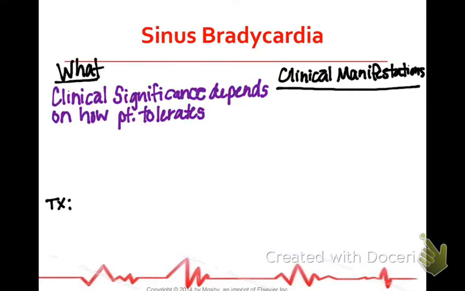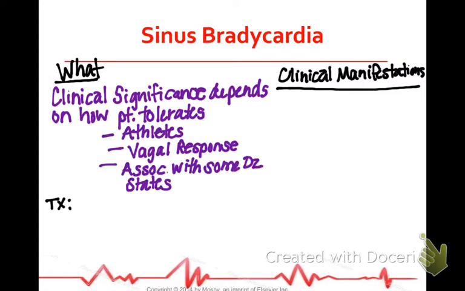And let's talk about the significance of it, because these are things you do need to know. So what exactly is it? It depends on how the patient tolerates it. Are they symptomatic or asymptomatic is how we're going to treat it and what their clinical manifestations are. A lot of times you've got athletes, or someone that has a vagal response, they may brady down.